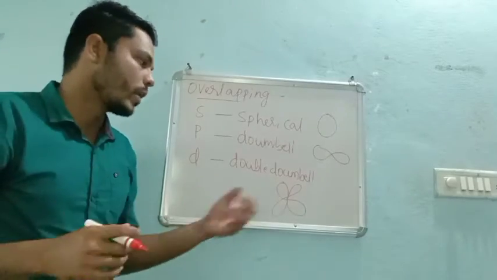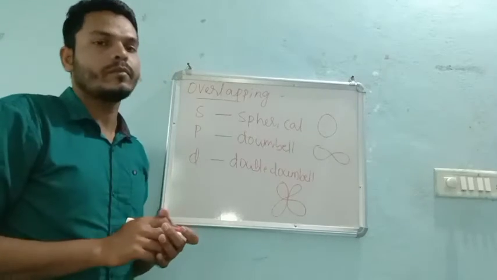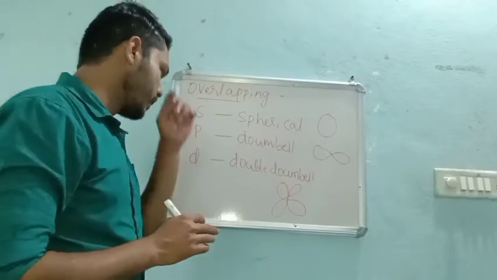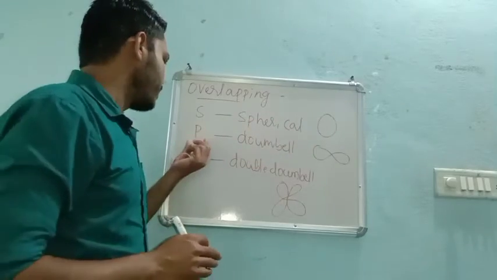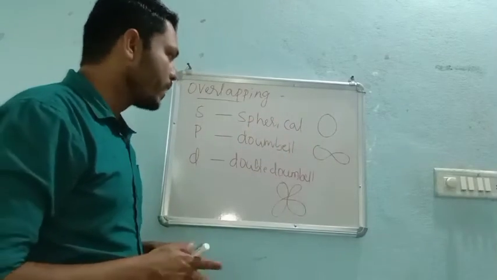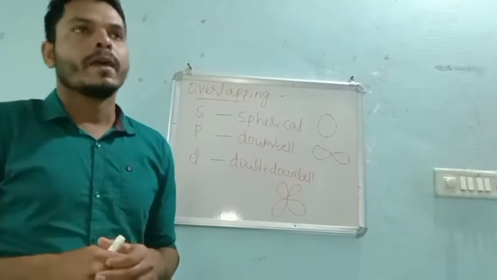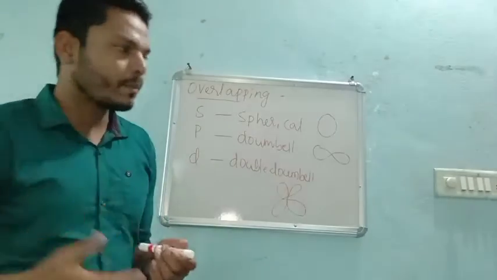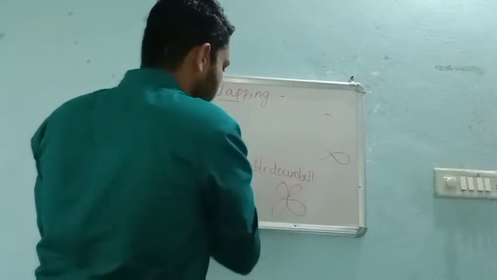So two dumbbells are there in D. So S has a spherical shape, P has a dumbbell shape, and D has a double dumbbell shape.